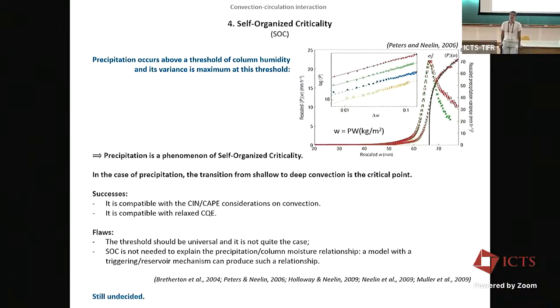Well, I think the idea of the widening Hadley cell is because we have more intense convection. If you have more intense convection, you also have more latent heat release.